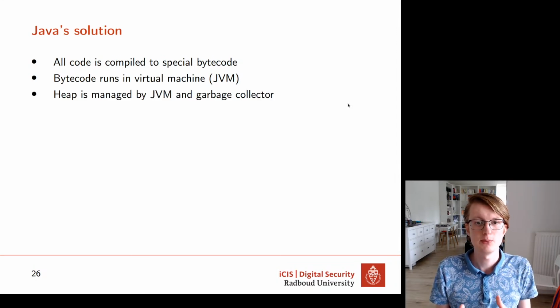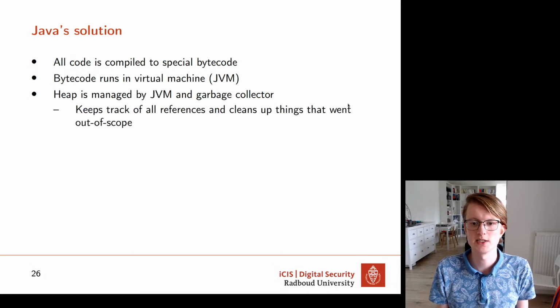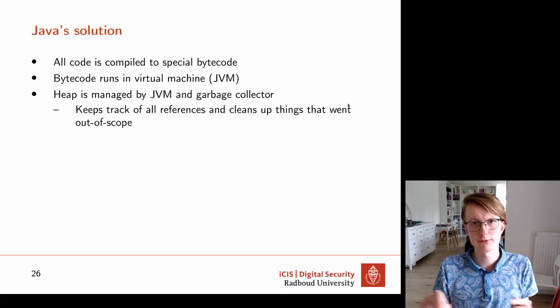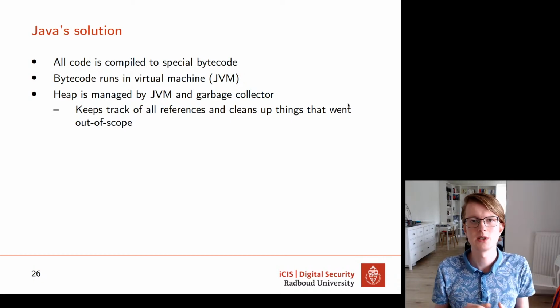It manages the heap, and it does something called reference counting, which means it keeps track of all of the references to pieces of memory, and it will automatically clean up anything that went out of scope.